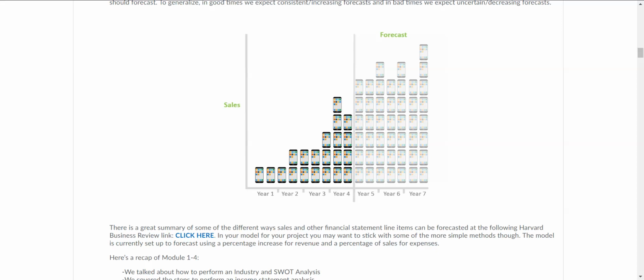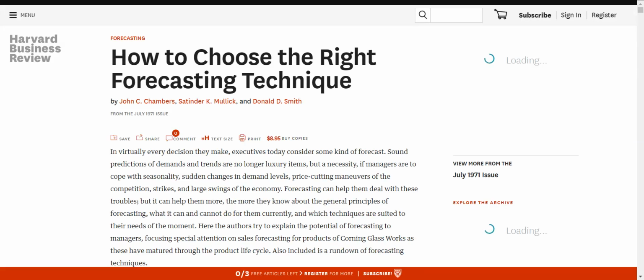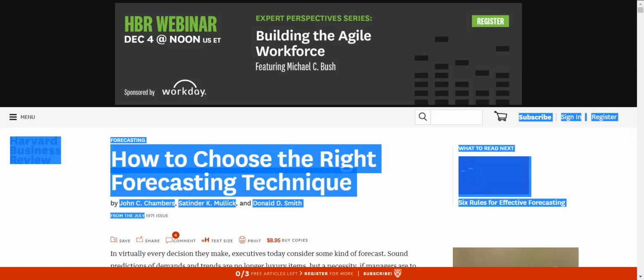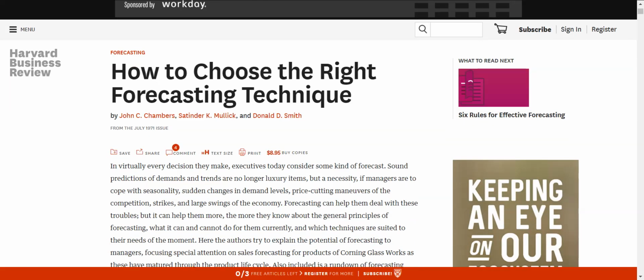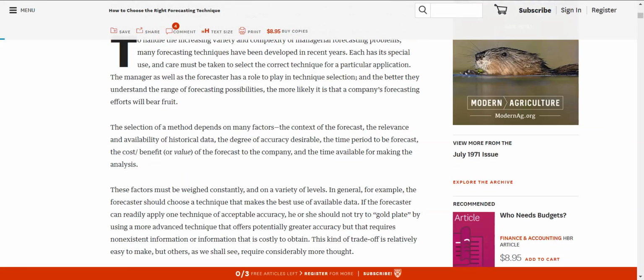Let me just go to that. First, if you click this link, this will take you to a really good article. It's an old article, but it's still very, very relevant. It talks about all different kinds of forecasting techniques.